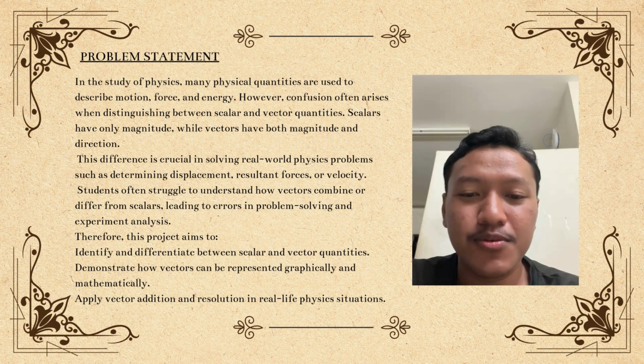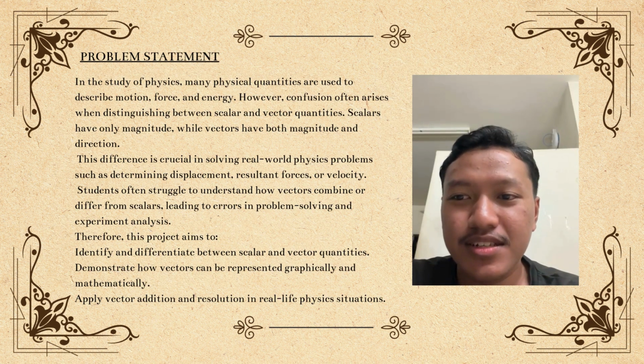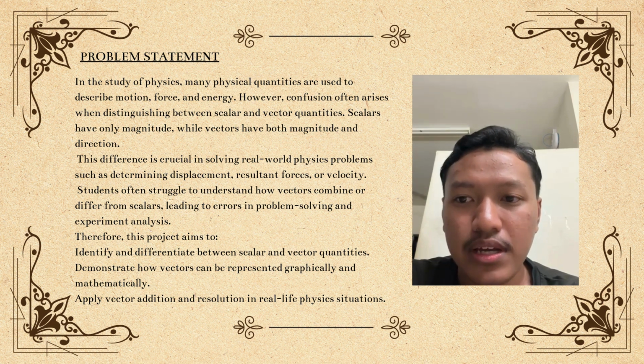So, for the problem statement, in the study of physics, many physical quantities are used to describe motion, force, and energy. However, confusion often arises when distinguishing between scalar and vector quantities. Scalars have only magnitude, while vectors have both magnitude and direction.